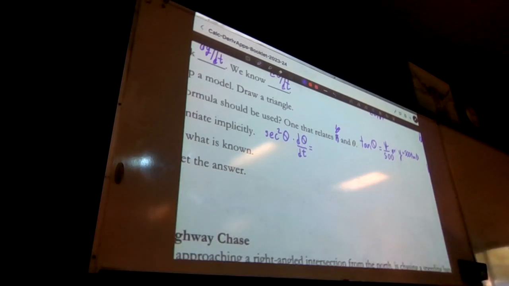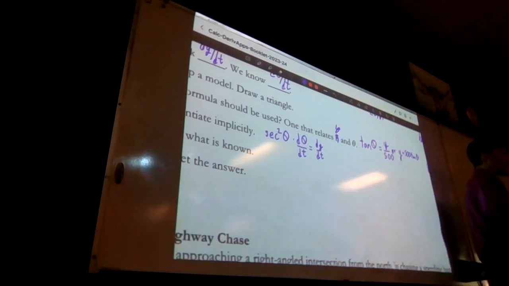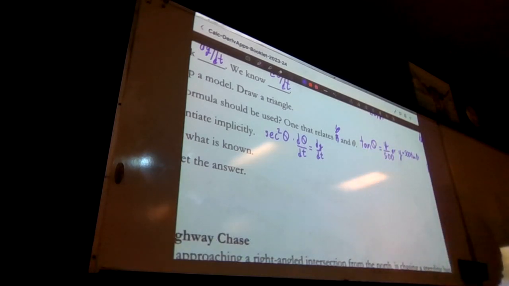Then this is going to be equal to, what's the derivative of y? dy over dt. Because we want to take the derivative of both variables, not just one, both variables with respect to t. Yes? Where's t in the equation? There is no t, not yet.